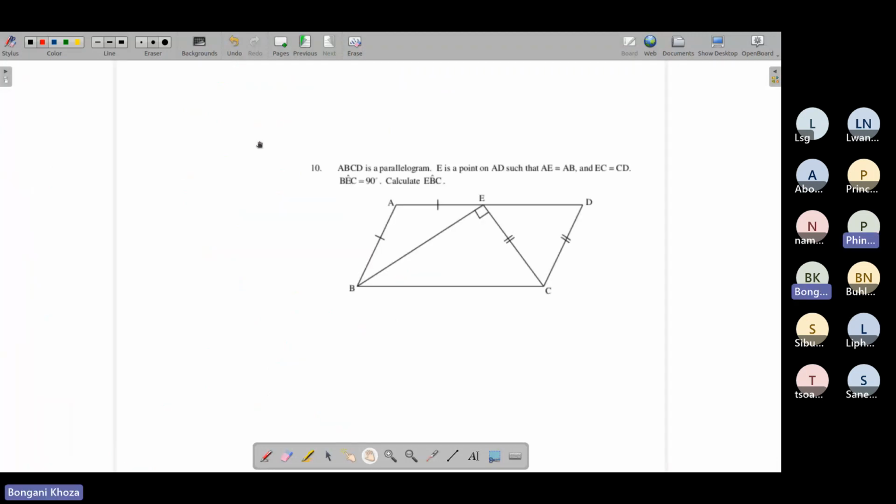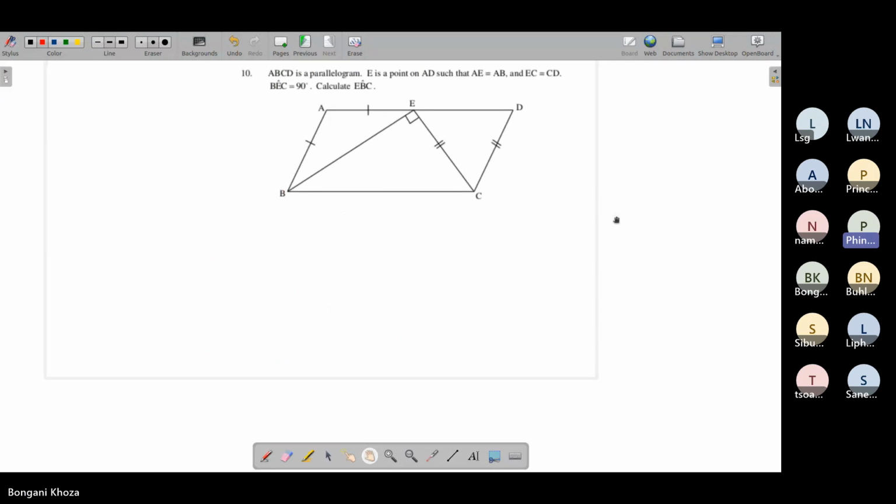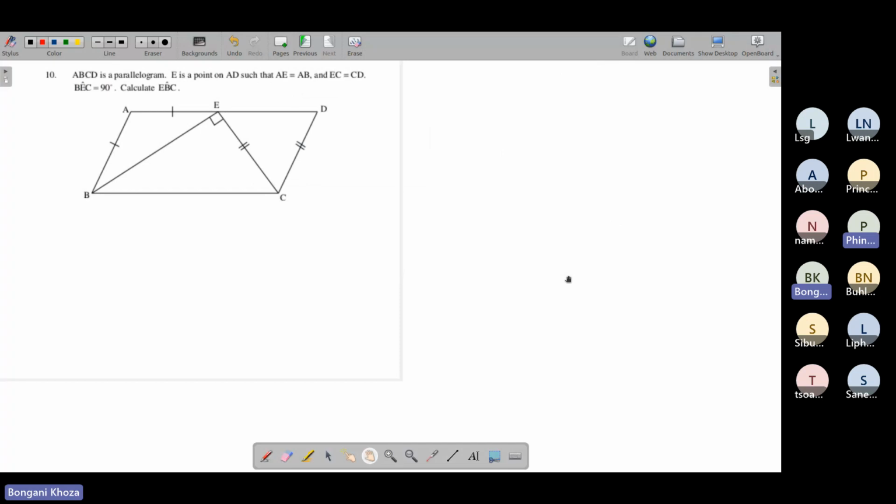Next, we have this question, number 10. I think it's on page 3 for you guys there. We are told that ABCD is a parallelogram. So immediately I know this side is parallel to that side, this side is parallel to this side, this side equals that side, and this side equals that side. Before I do anything else, I can note those.